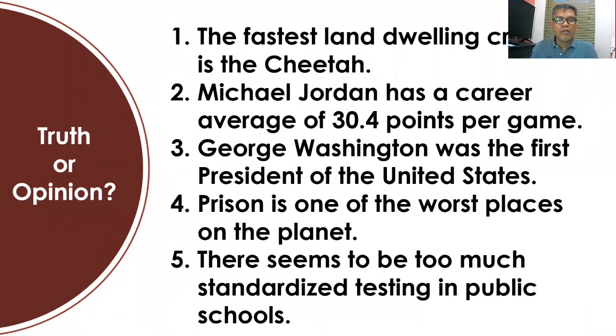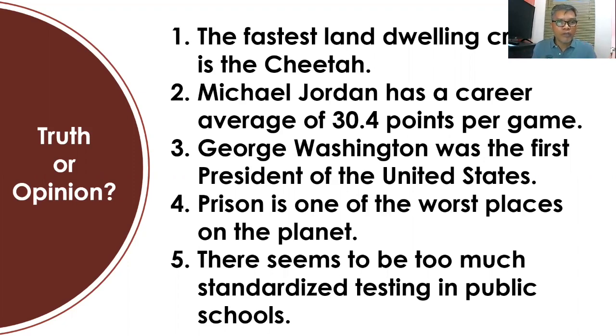Okay, so with the presence of the word fastest, it is in the superlative form, fastest, pinakamabilis. So, to the author, to the one who stated this statement, cheetah is the fastest land-dwelling animal or creature.